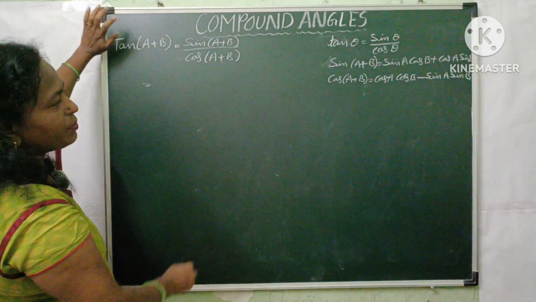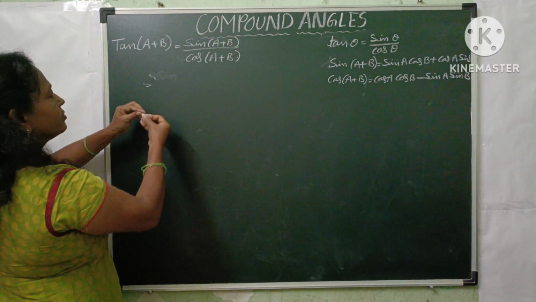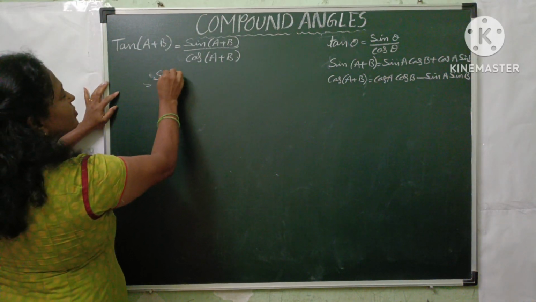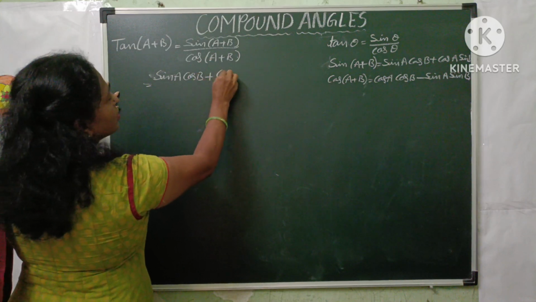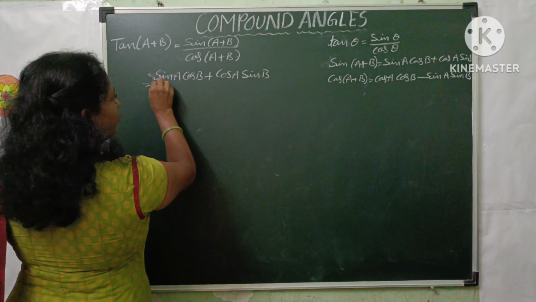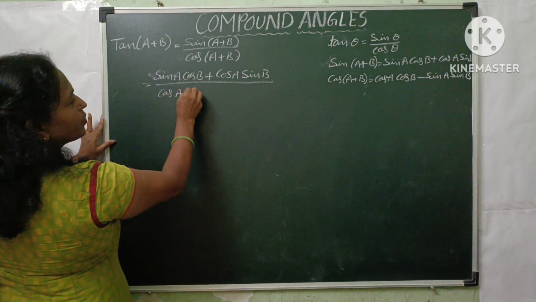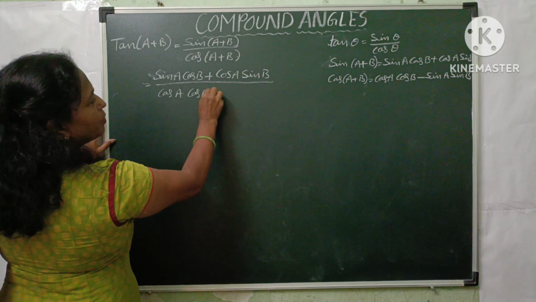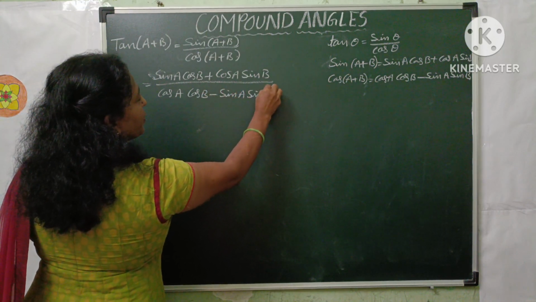So tan(a plus b) is sin(a plus b) by cos(a plus b), which is sin a cos b plus cos a sin b, by cos a cos b minus sin a sin b.